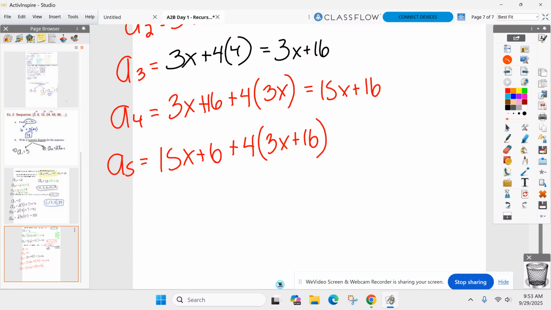Everyone, please distribute the 4 first, before you combine your like terms. I'm going to ask somebody what you have on this one. Distribute the 4.